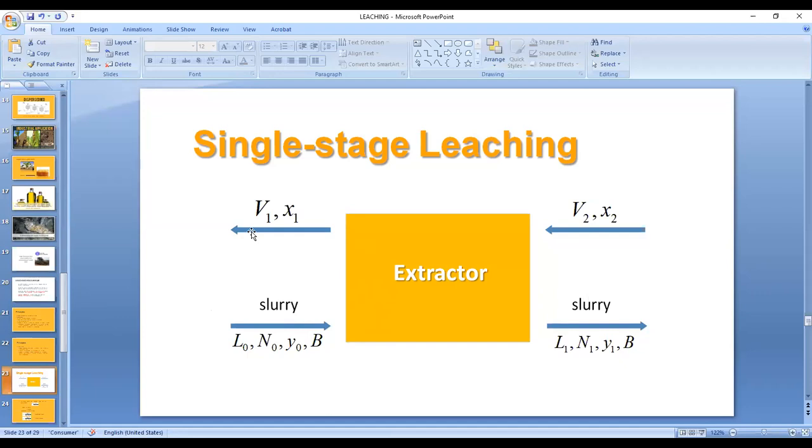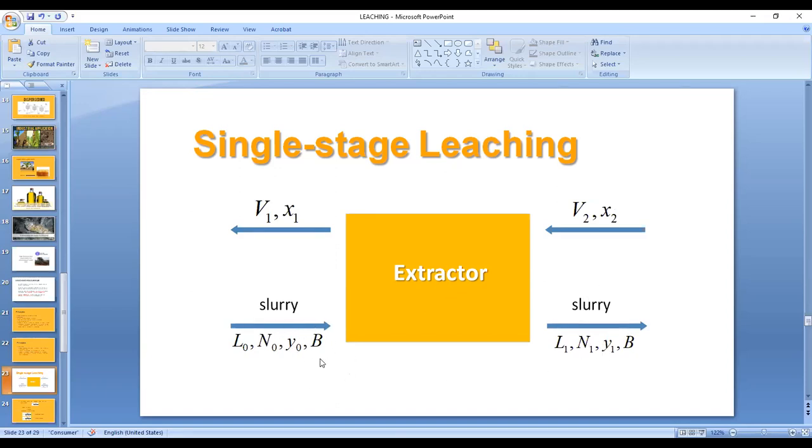We normally represent concentrations in the solvent or in the vapor phases as Y, and in the feed as X. In the case of leaching, it's the other way around. In your solvent, the concentration is X. Your V is solvent, it's X, and the concentration in the feed and in the slurry is Y.